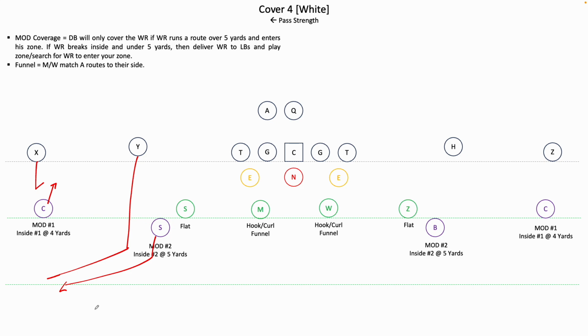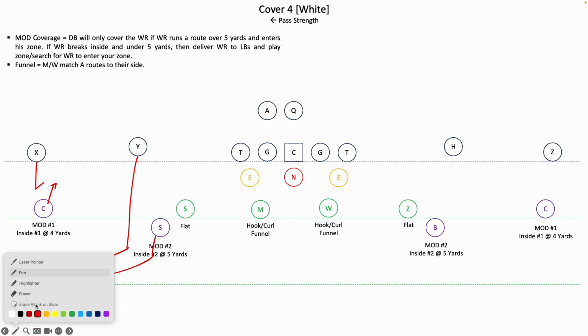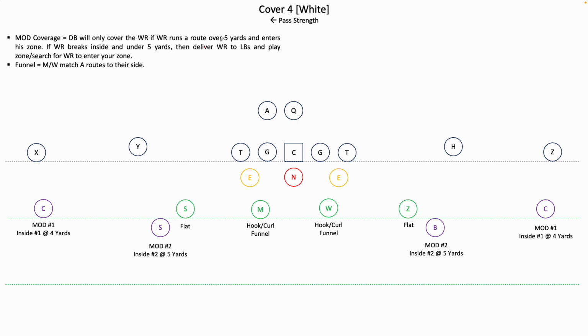But we know, in our rules, that we only cover a wide receiver if the wide receiver runs a route over 5 yards. So even though the X is running this hitch, the corner is just going to drop into your quarter, or into your zone.